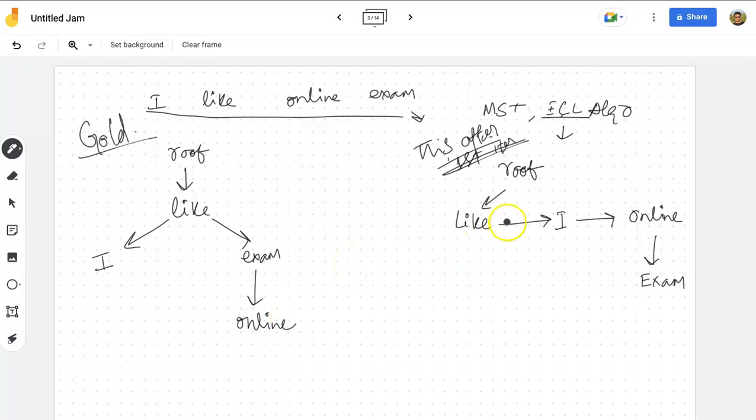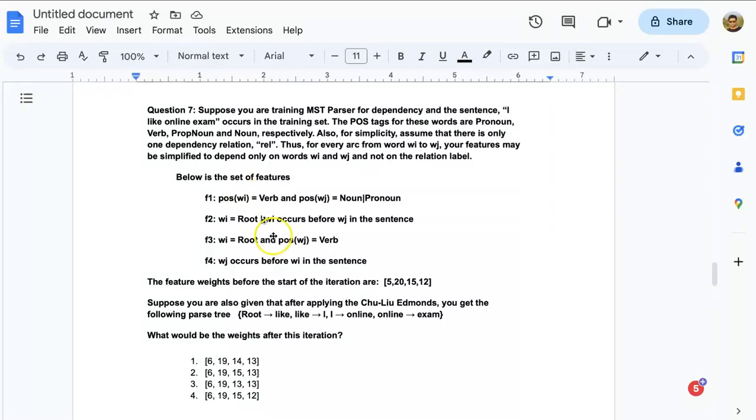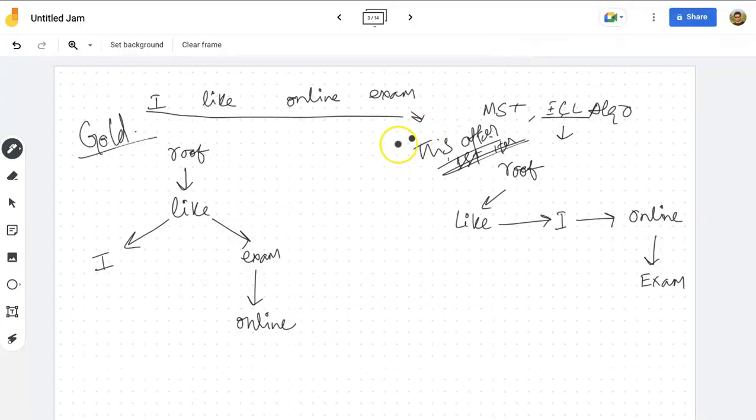Now there are a few features. Let's calculate the features for each of these individual edges. First calculate the features for the given graph. For each of these edges I will calculate the features.